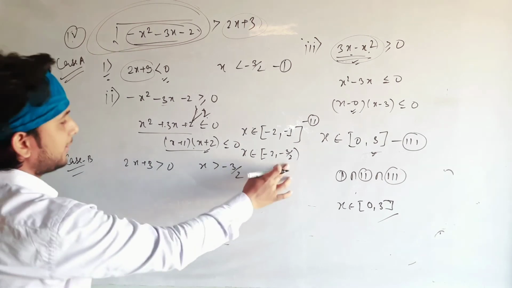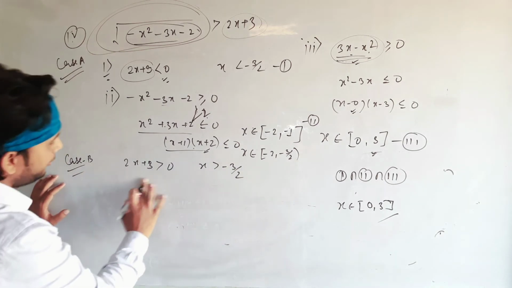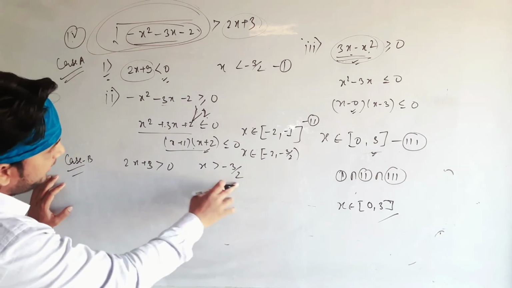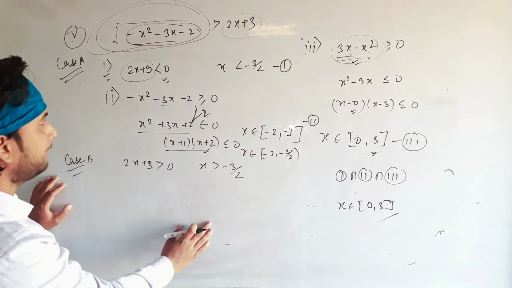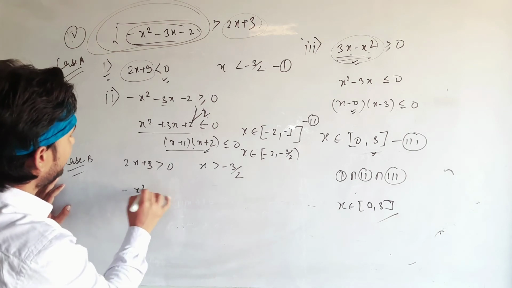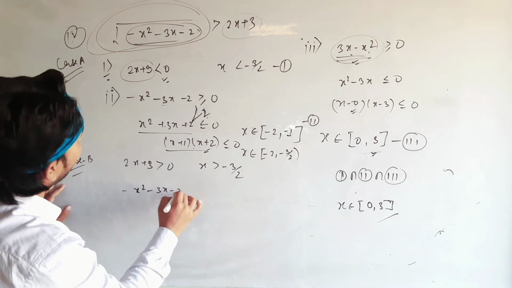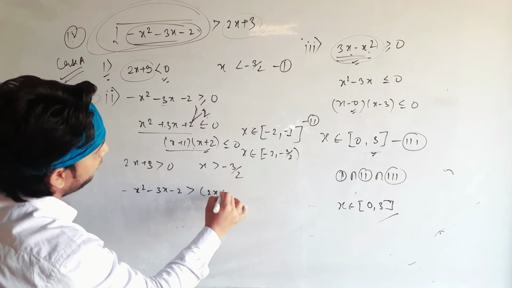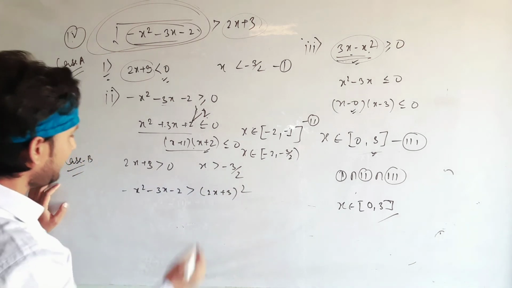This is the answer of case first, and now we are taking case second. 2x plus 3 is greater than 0. It means that x is greater than minus 3 by 2, and then you have to apply square on both sides.